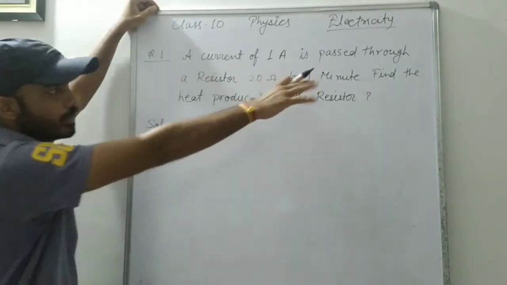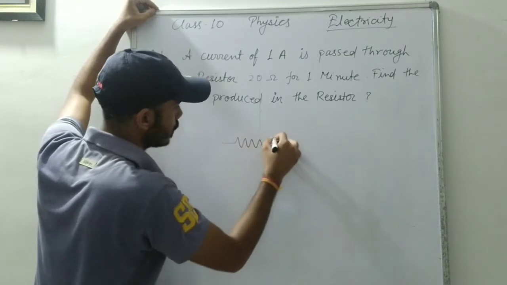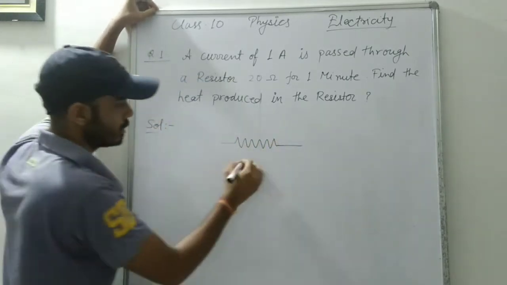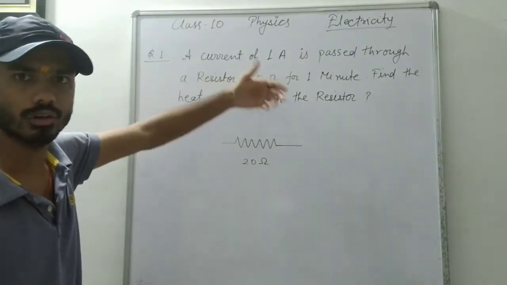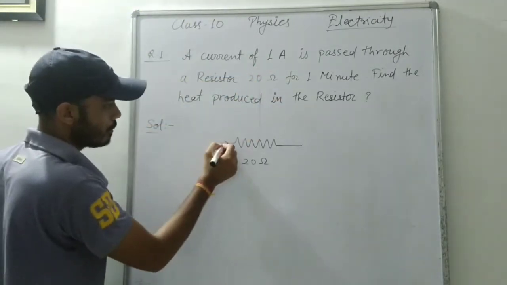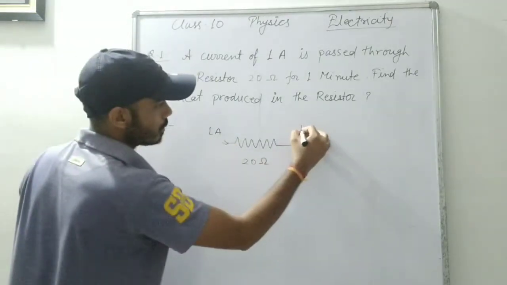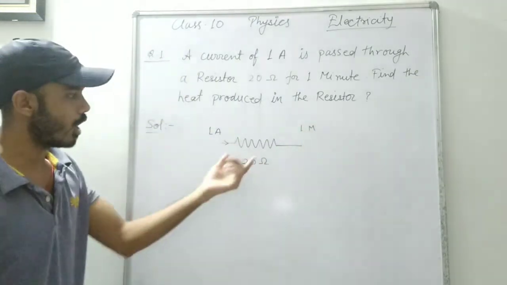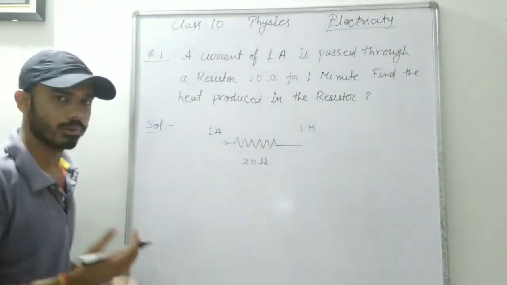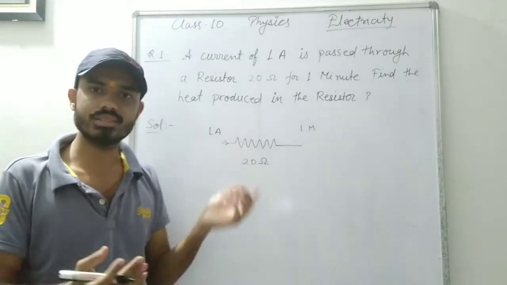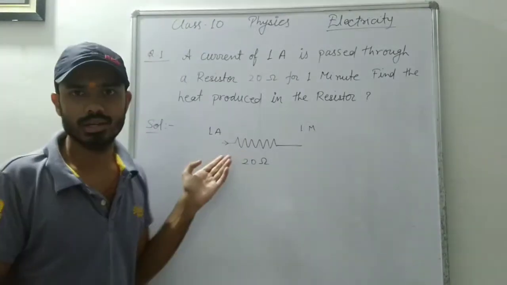A current of 1 ampere is passing through a resistor. So first, let me draw a resistor. It means this resistor offers 20 ohm resistance, and 1 ampere current is passing through it for a time period of 1 minute. So how much heat is produced in this resistor? Because we know that if something is resisting the current or flow of charge, then it produces heat.